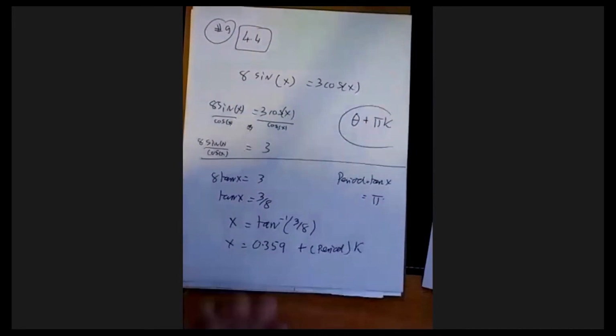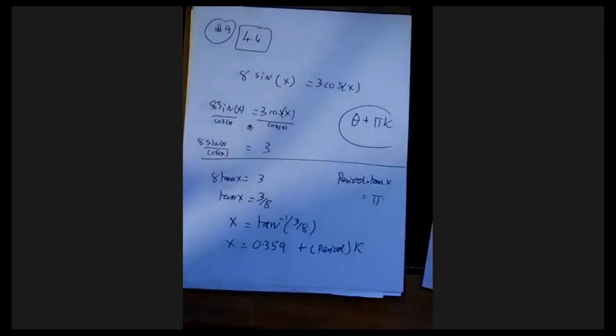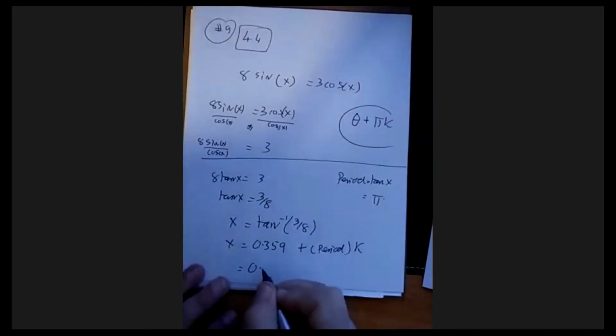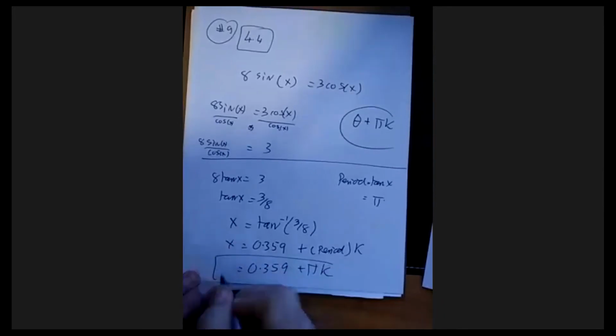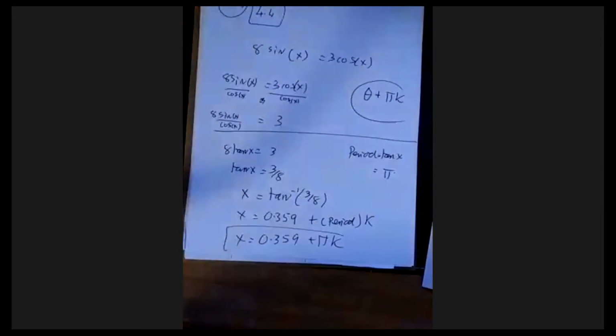I'm writing it as period times k because if that was a sine x, wouldn't it be 2 pi k? And if it's a tangent x, it's going to be pi k. Later on, you'll see in other situations, it's going to be a half pi k and various other things. So our answer is x equals 0.359 plus pi k, and we are done.